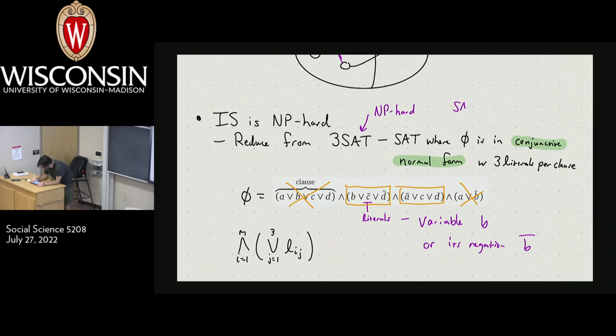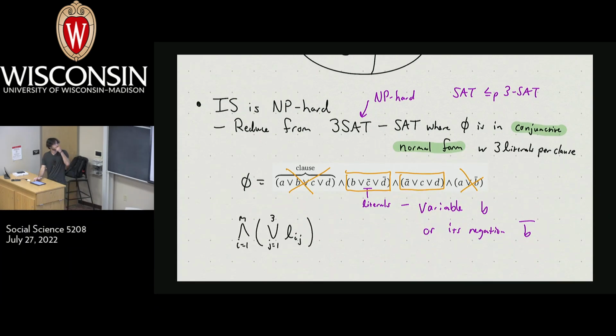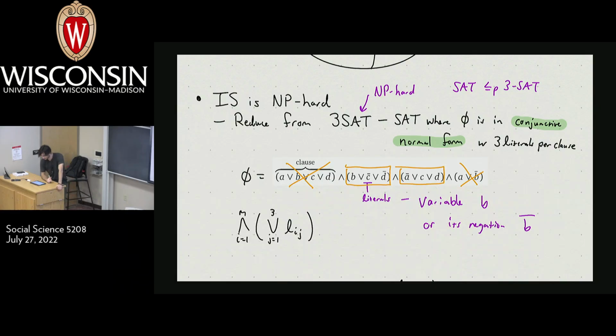You can reduce SAT to it. So given any formula, you can convert it into a formula of this form with 3 literals per clause, and everything is ANDed between clauses. So this is the type of thing we're going to focus on.